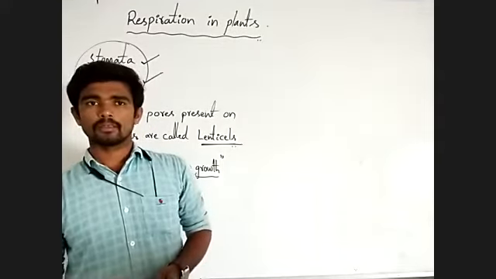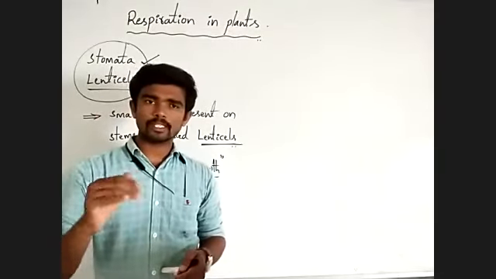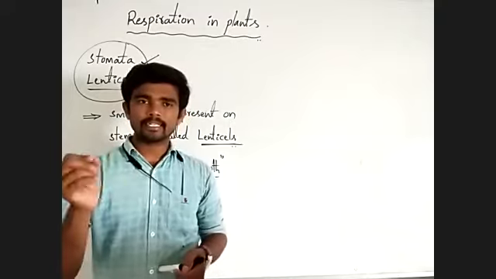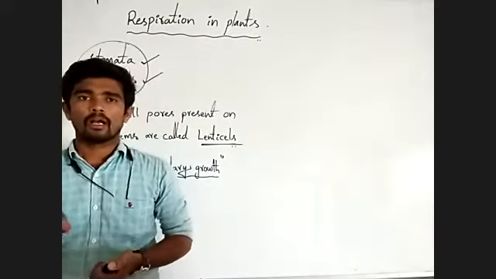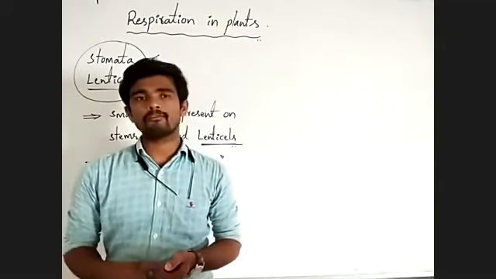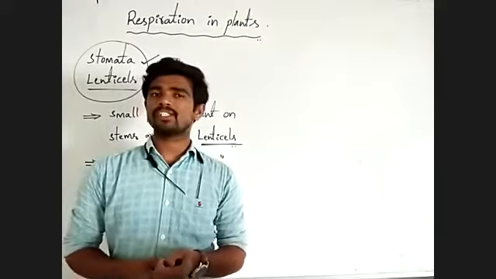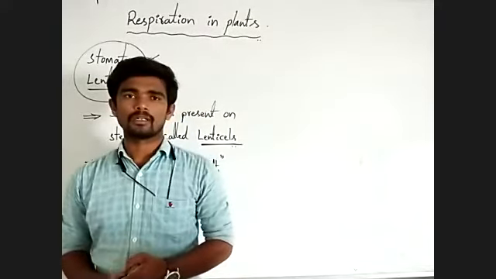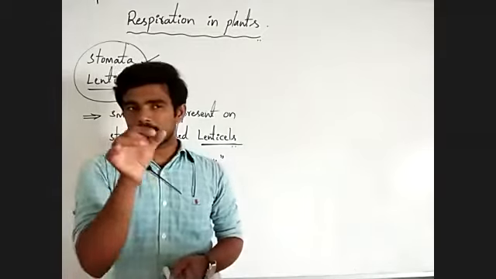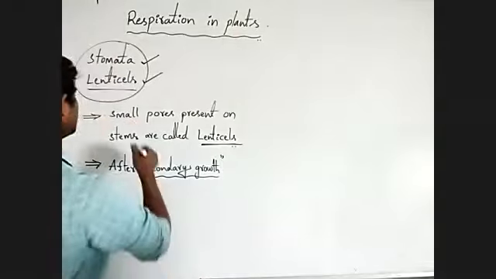Okay. But here and there, towards the outer side, this cork cambium forms parenchymatous cells instead of cork cells. Okay, those parenchymatous regions are called lenticels.